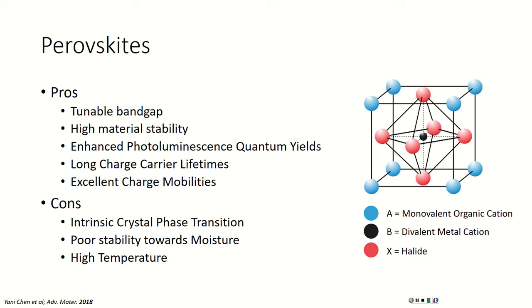For the most part, I mentioned these already. That's a pro, again, but a con. What is meant by intrinsic crystal phase transition is that whenever you create perovskite structures, it's hard to keep everything the same geometric equivalent.